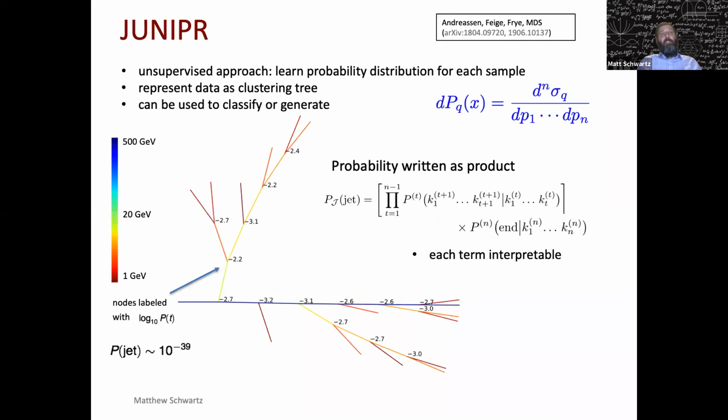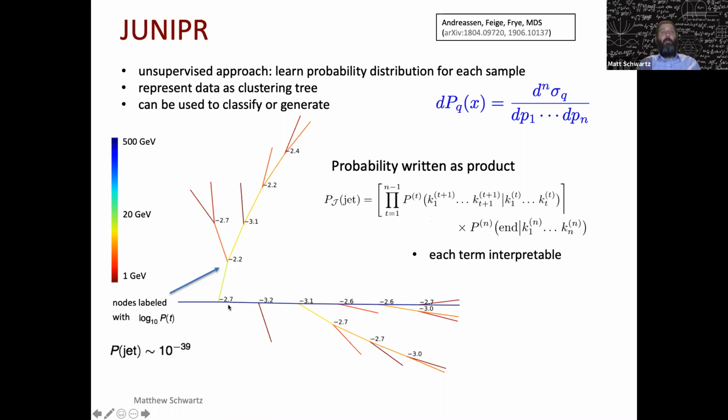Now we have these simulations like Pythia and Herwig, which populate a highly multidimensional space, but it's very difficult to tell from those what the actual differential probability is in that region. But it's something that can be learned. So what we tried doing is, you take an event, you take a jet, for example, and cluster it. There's an iterative clustering algorithm which turns the jet into a binary tree.